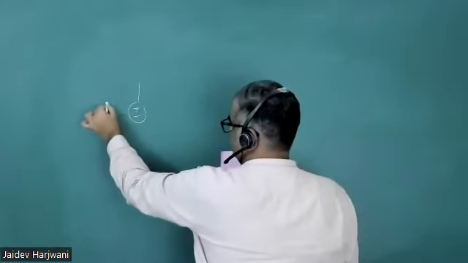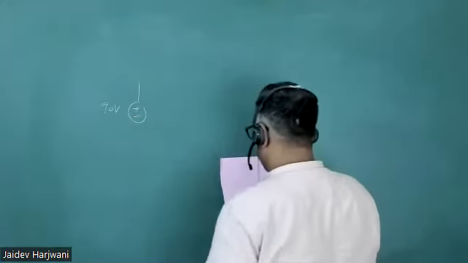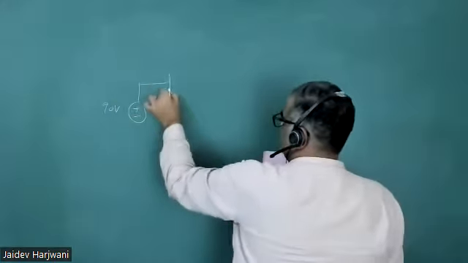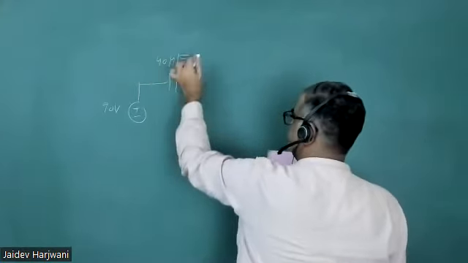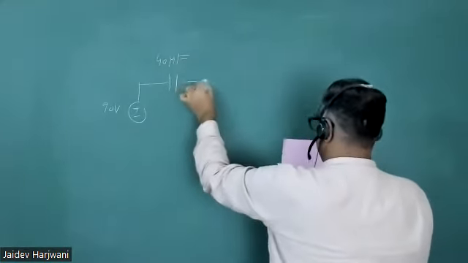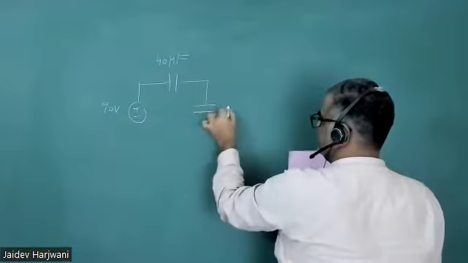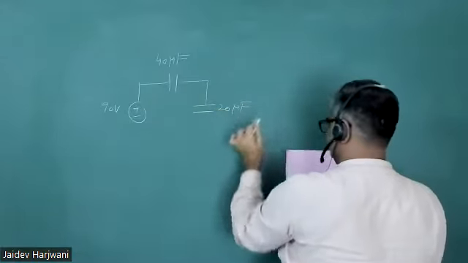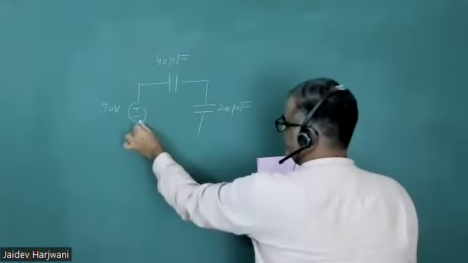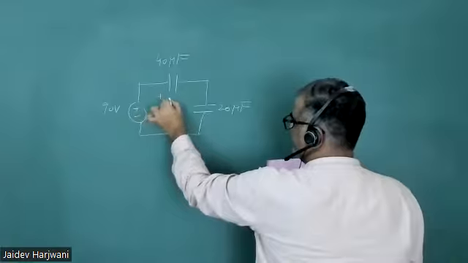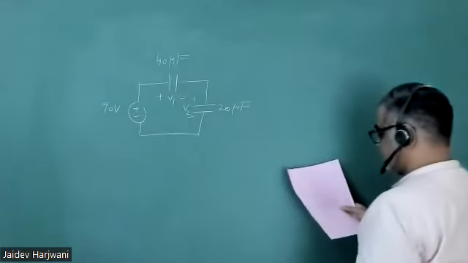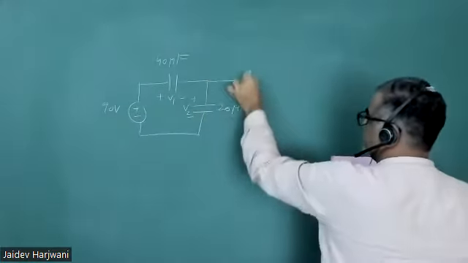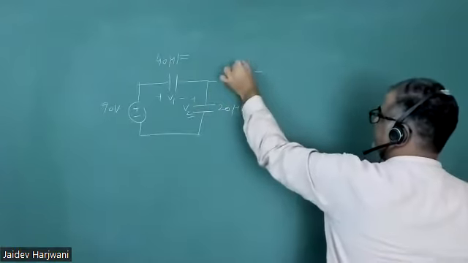Now plus minus 90 volt. Okay, then you have a 40 microfarad. Then you have here 20 microfarad. Okay, this is your V1, this is your V2. Okay, and this is your V3.